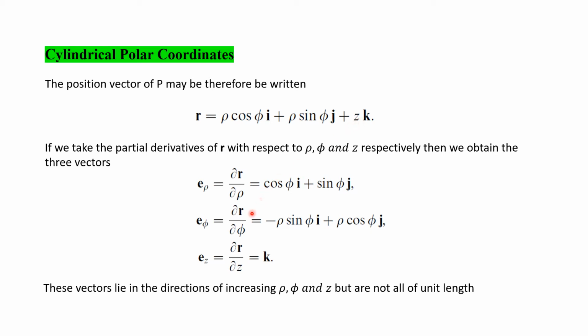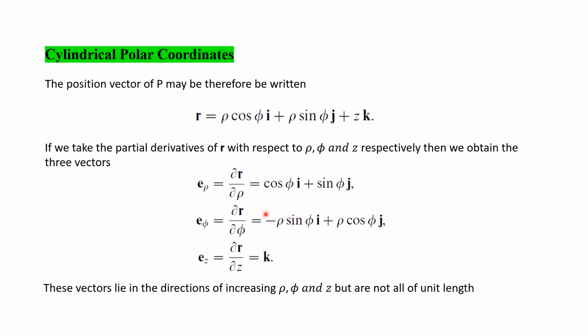Now we take the partial derivative of r with respect to phi, and we call this vector e of phi. So e of phi is equal to the negative of rho sine phi i, taking the partial derivative of this term with respect to phi, plus the partial derivative of the next term with respect to phi, which gives rho cosine phi j.